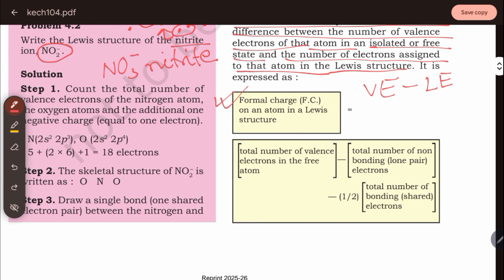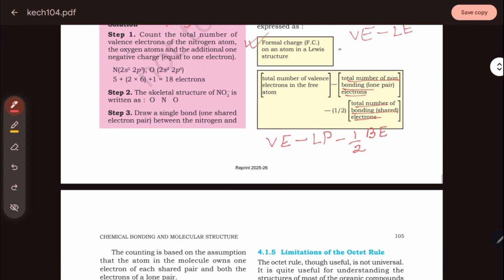That is, formal charge of an atom in a Lewis structure is equal to total number of valence electrons in the free atom minus total number of non-bonding electrons. That means how many lone pairs are there. Non-bonding are the lone pairs. Minus half of total number of shared pair of electrons. So I will say the bonding electrons. Okay, half of the bonding electrons. That is the formal charge.